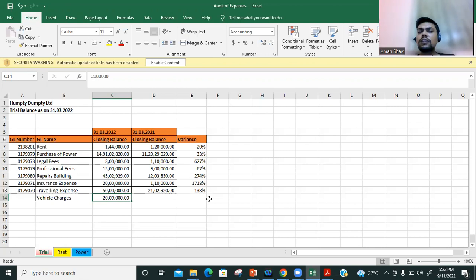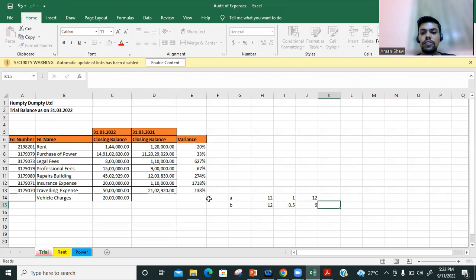Suppose it is 50,000 rupees per month, 6 lakh rupees for 12 months. So what you'll do in the ledger is: Mr. A, 12 months at 1 lakh rupees, so it will be 12 lakh rupees. And then Mr. B, for 12 months at 0.5 lakh rupees, it will be 6 lakh rupees.